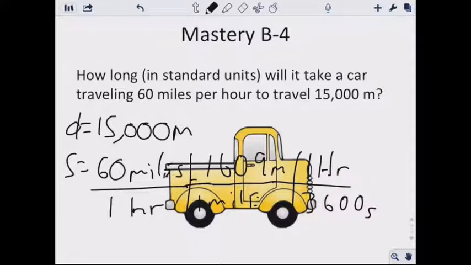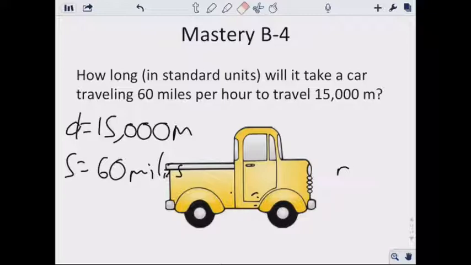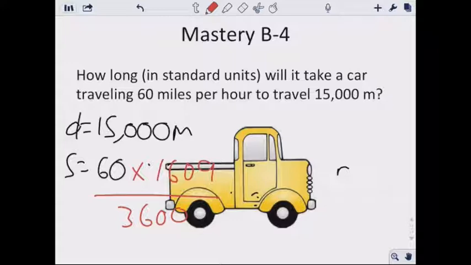So anytime you come across a mile per hour and you need it for meters per second, a quick way to do this is just take that number 60 and multiply it by 1609 and then divide by 3,600. Quick, easy way to do that.